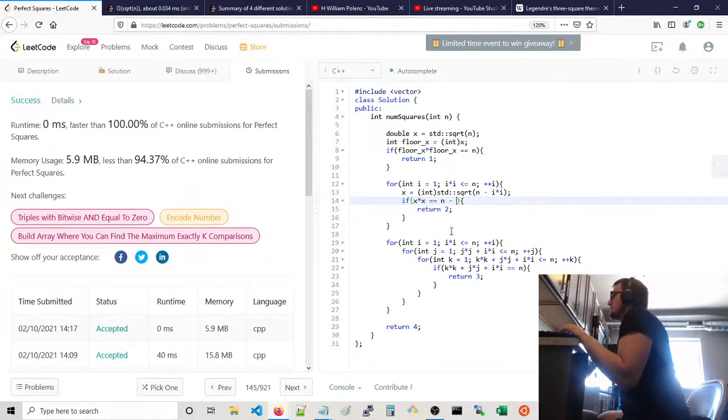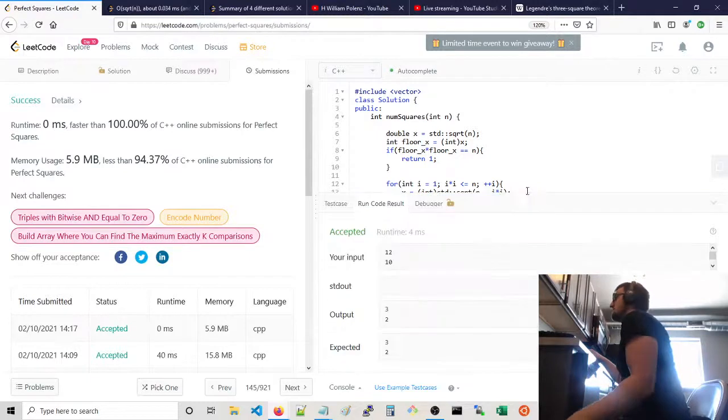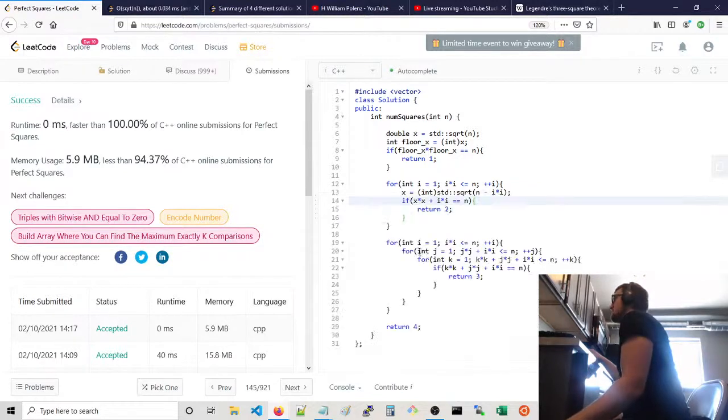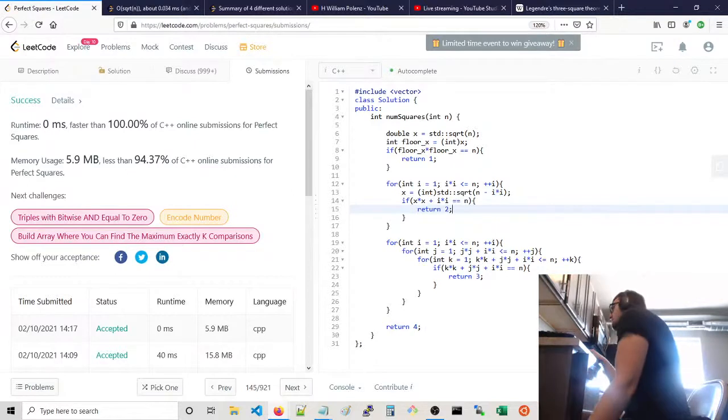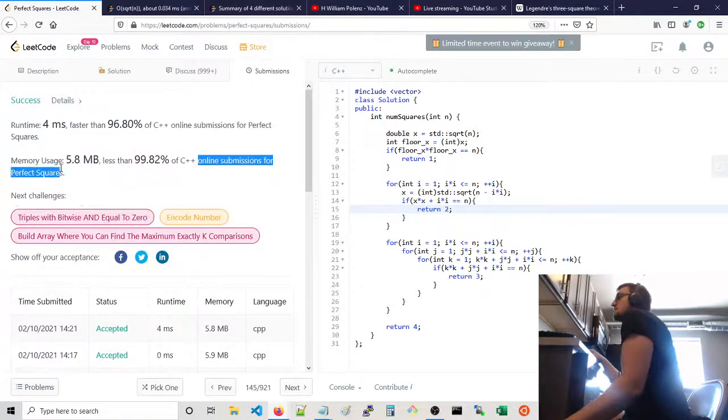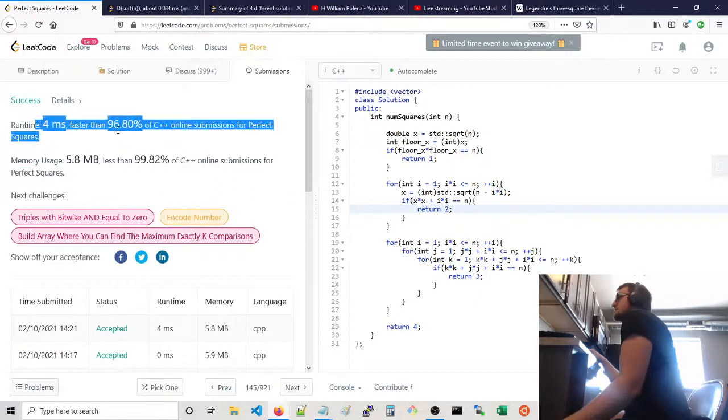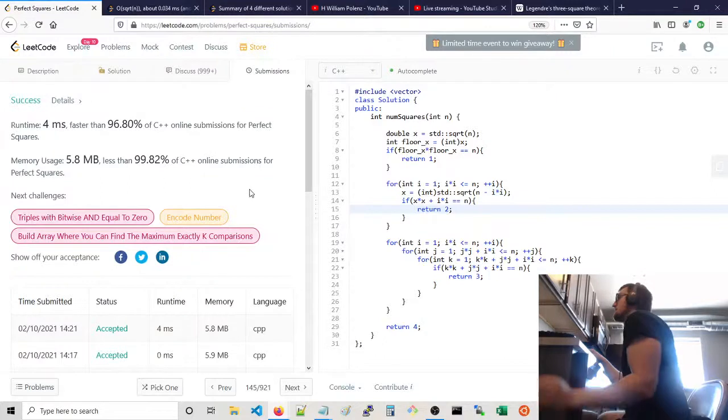Ah, there you go. That's what you want. Right, does that work? Okay, a little better on memory. Slightly, a little slower though, this time around.